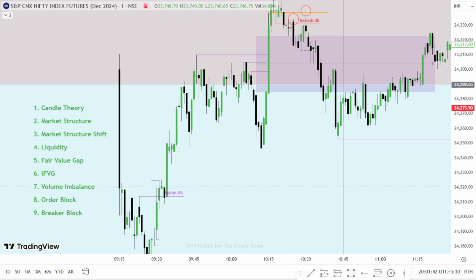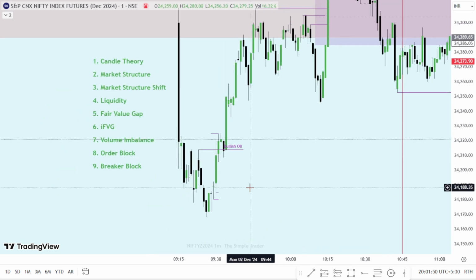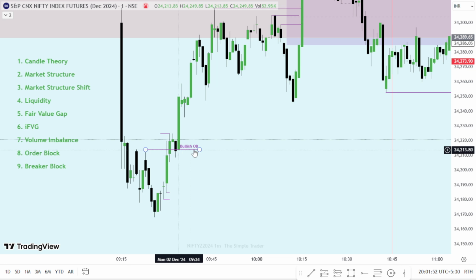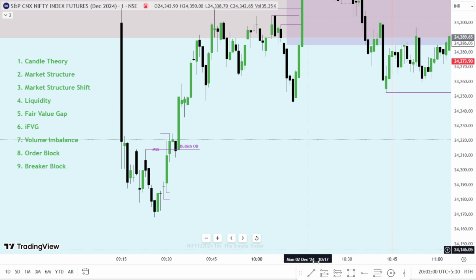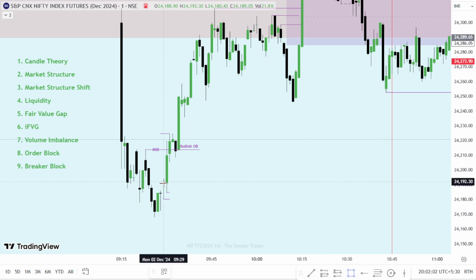I use these nine concepts of ICT in combination when I'm trading, and it's better if you have at least three confluences aligning with your bias. For example, if I'm trying to long here, we have a market structure shift here, right? We have this bullish fair value gap, as well as this inverse fair value gap.